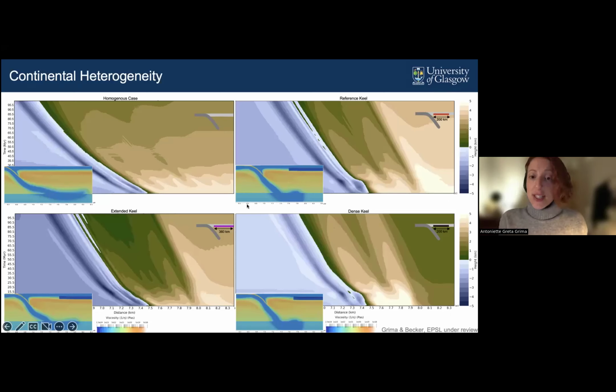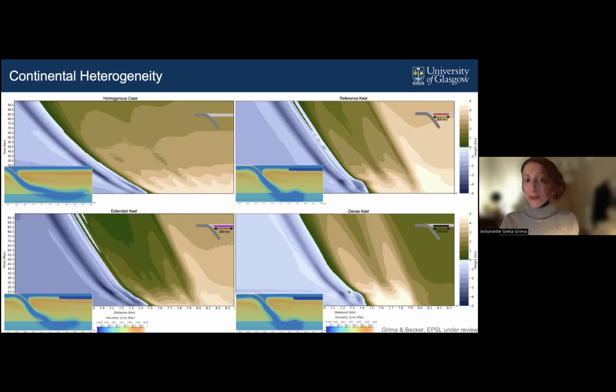And so these are some of our results, and what I'm showing you here in browns and greens is the topography, and on the bottom left of each topography plot, you have the slab morphology. On the top left, we have a model with a homogeneous overriding plate, and on the right and bottom we have a heterogeneous continental overriding plate.